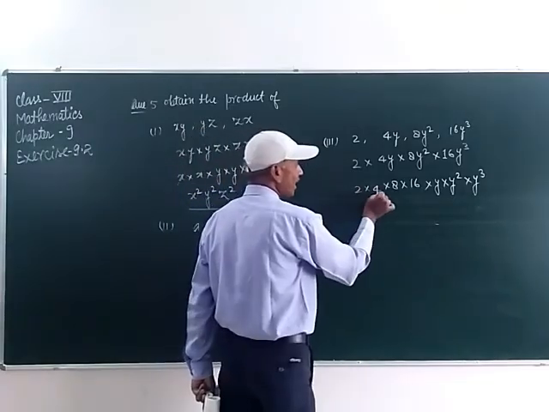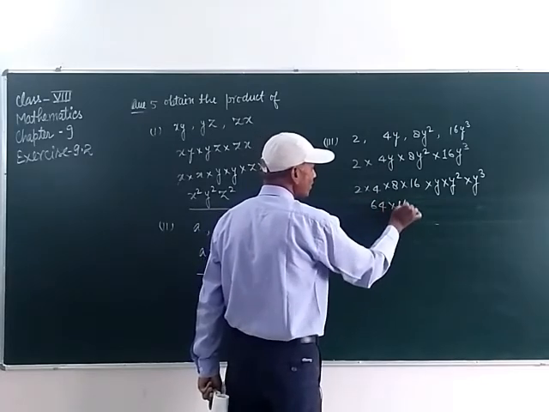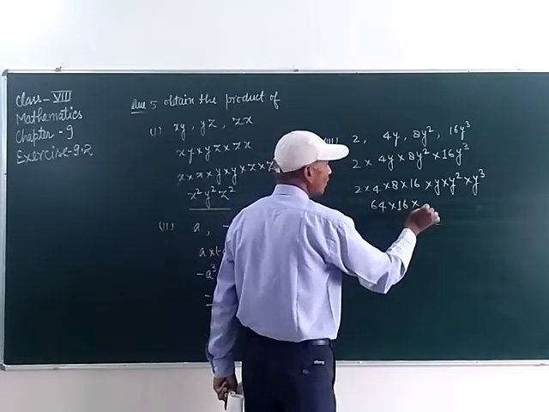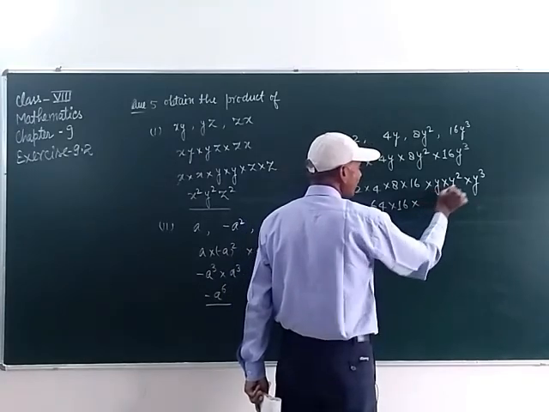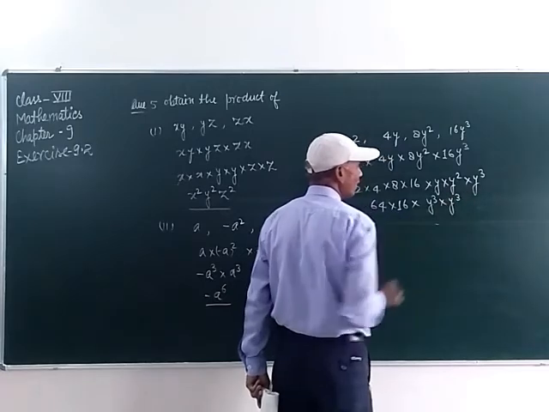So 2 4 ja 8, 8 ja 64. This one 64 into 16 into y to the power 6.